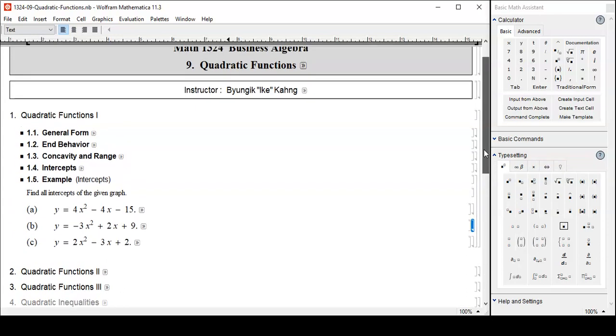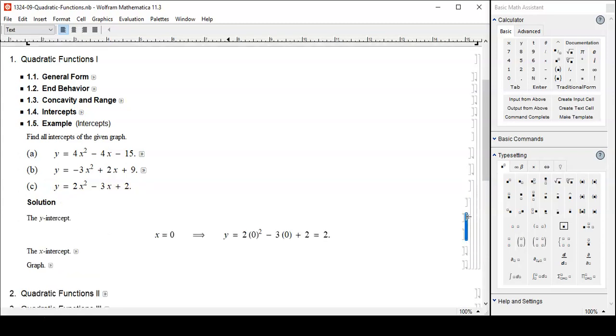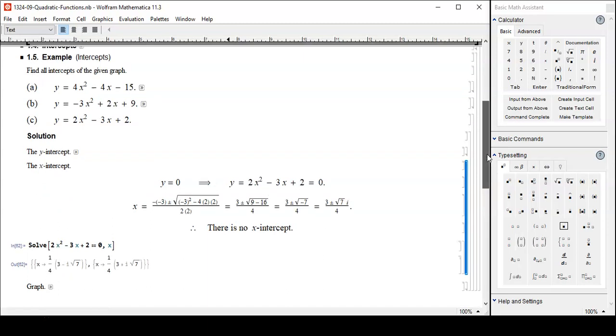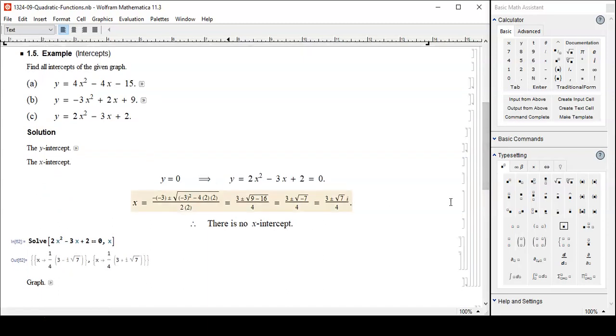Time for one more? Okay, all right, just one more. Let's do this. Again, x-intercept only because the y-intercept is just too trivial. X-intercept. Set it equal to 0 and it turns out we have a complex solution. Square root of 9 minus 16, so we get a negative number inside the square root.